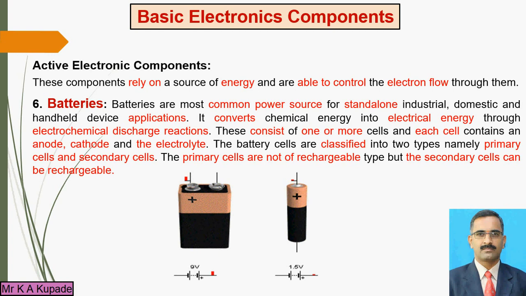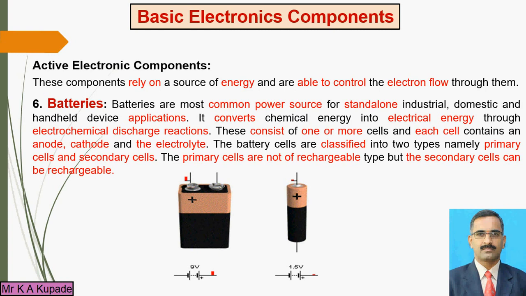These batteries convert chemical energy into electrical energy through an electrochemical discharge reaction. It consists of one or more cells, and each cell contains an anode, a cathode and an electrolyte to pass that electrical energy, right?